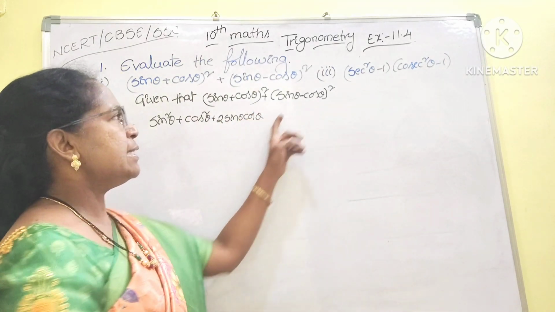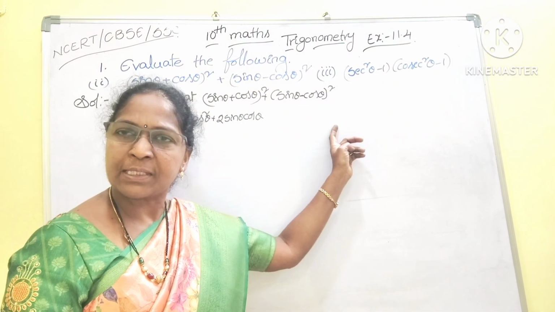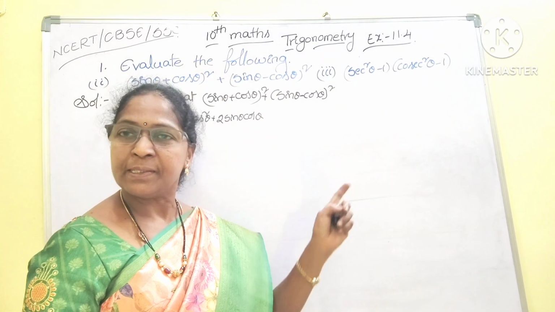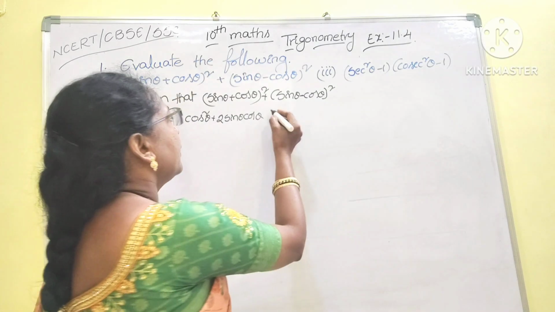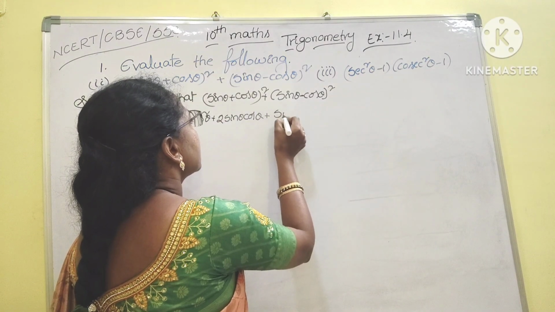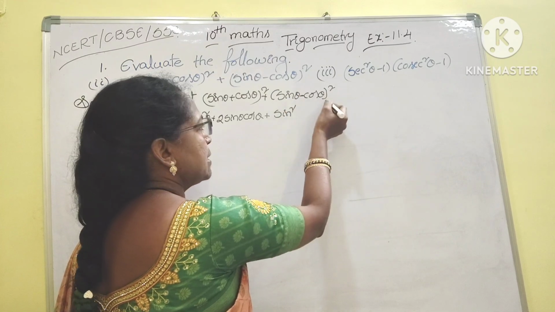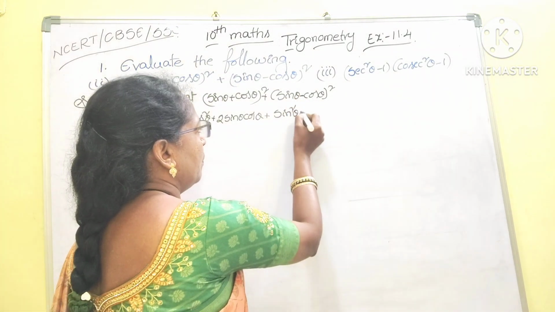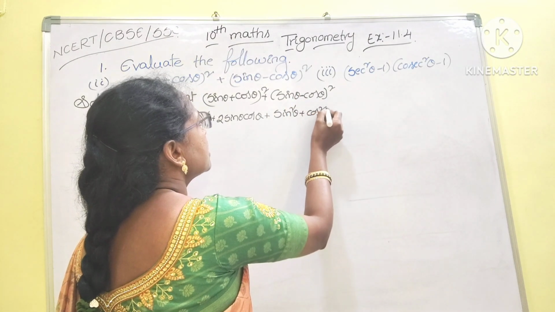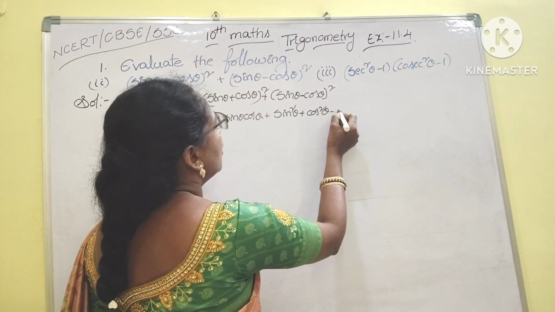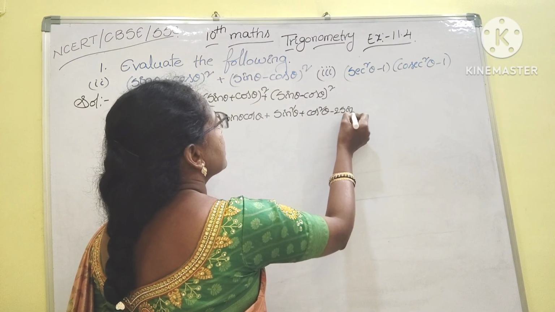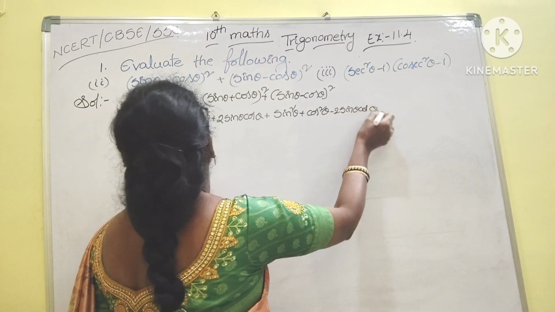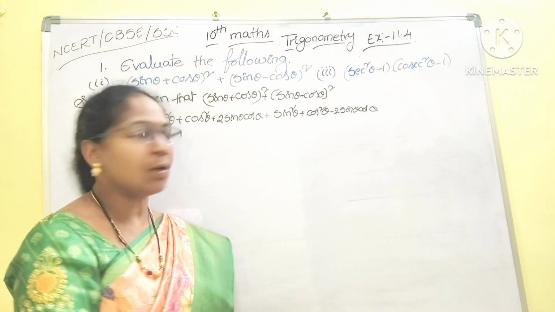As well as this is in the form of a minus b whole square, that is a square plus b square minus 2ab. Like that you have to write down here sin square theta plus cos square theta minus 2 sin theta cos theta.